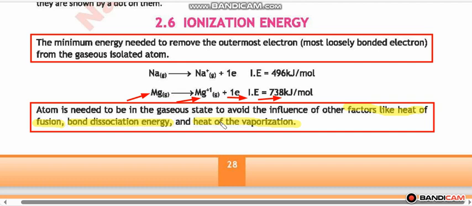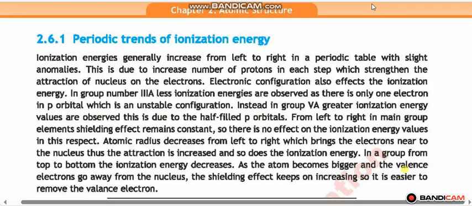For example, if a substance needs only 700 kilojoule energy and it is not in gaseous state, then we will have to provide more than 700 kilojoule energy. That energy will be consumed in fusion, in dissociation, as well as in vaporization. Therefore, the atom must be a gaseous and isolated atom.